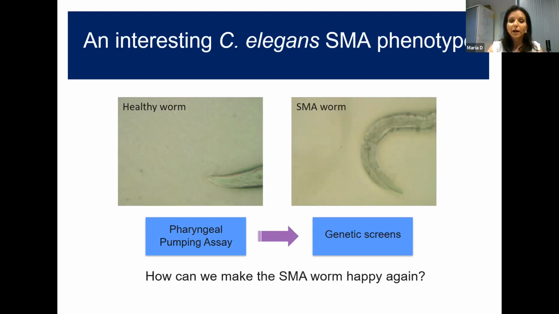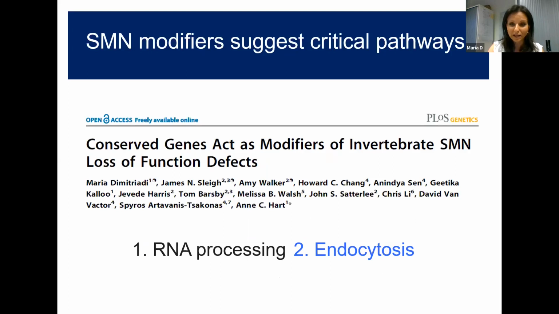This is what we did back, for example, in 2010, and I'm going to explain later why I'm going back many years, because we were looking for genetic modifiers. You probably know that the SMN2 gene is a genetic modifier. A genetic modifier is a gene that can modify another gene.